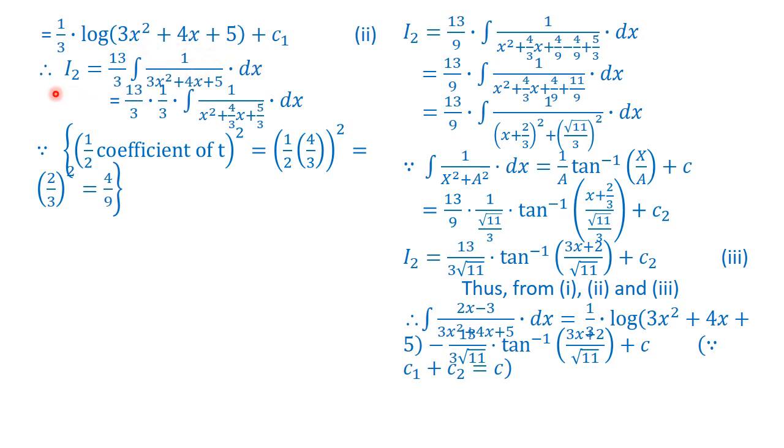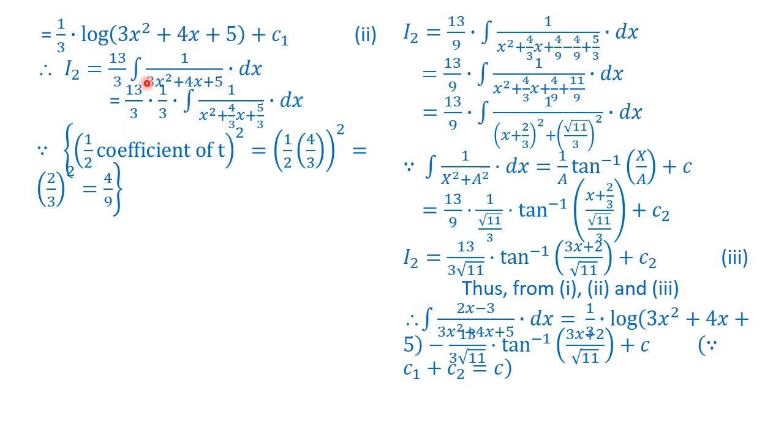Now, let us consider I2. What is our I2? 13 by 3 integration of 1 by (3x square plus 4x plus 5). Here, first, what we have to do? First take this 3 out, that is, remove this 3 from here and take it as a multiple outside the integral, 1 by 3, and keep 13 by 3 as it is.